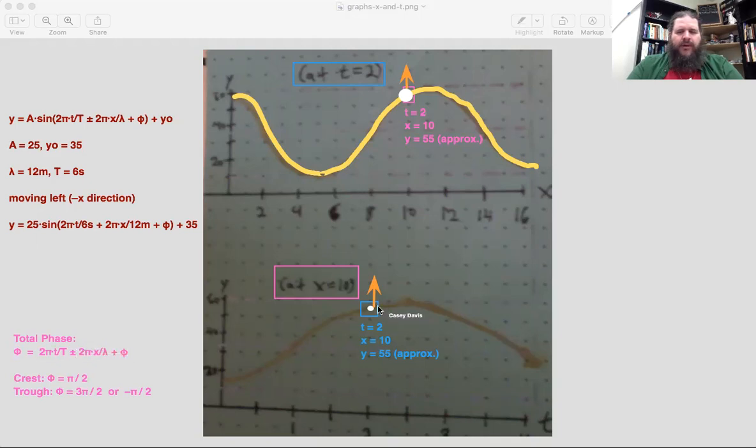So if we know we're at a crest or a trough, you could, in theory, use other points on the graph, but crests and troughs are most convenient, largely because there's only one crest and only one trough in each cycle, so it avoids the ambiguity. So what is a crest or trough whose coordinates we know here?